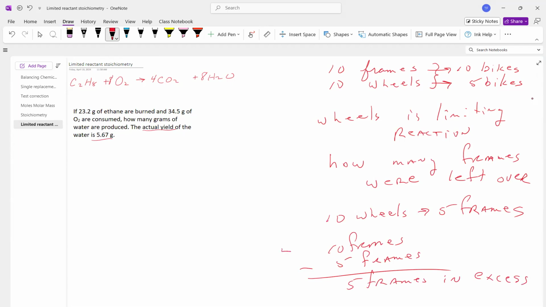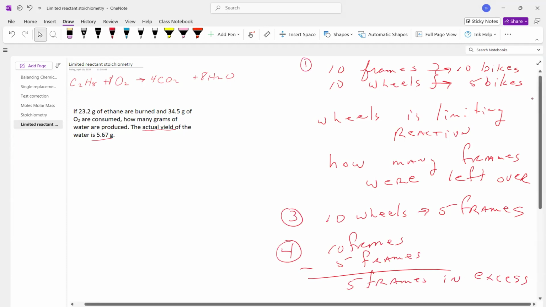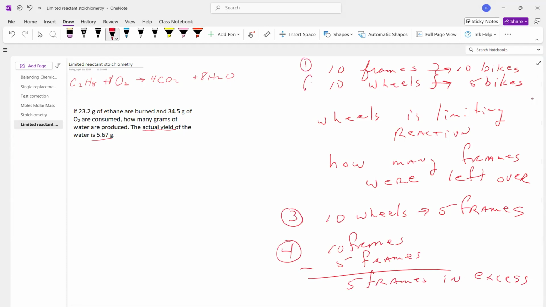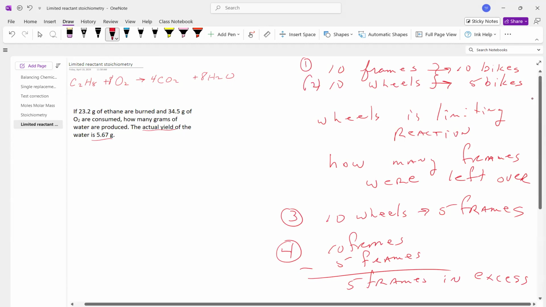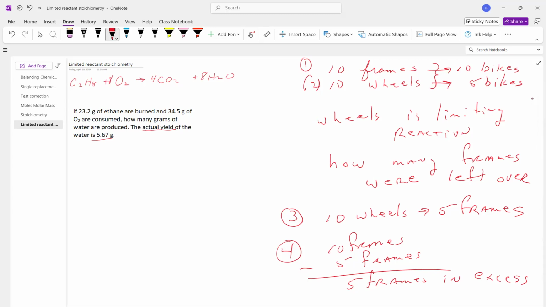So calculations 1 and 2 determine the limiting reagent between the two givens. Calculation 3 determines how much of the other given we use.